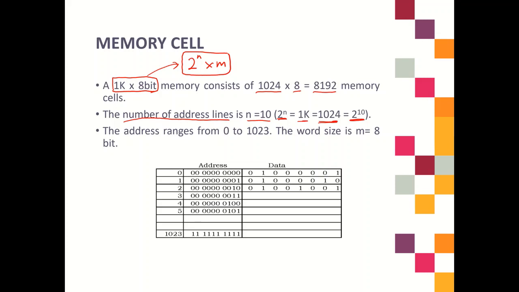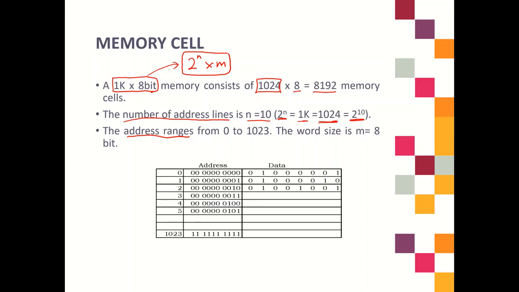Then the address range. How you determine the address range is by referring to the first value, which is 1K, equal to 1024. So 1024 is actually referring to the number of memory locations, meaning how many locations you have in your memory. In this example, you have 1024 memory locations.